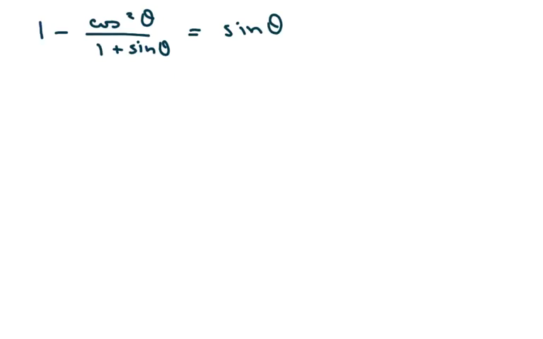Okay, the next set looks a little complicated, but it's not really. If you know that cosine squared of theta, and I'm just going to keep the 1 out here for a while, is really 1 minus sine squared of theta, and don't forget we're subtracting this whole thing.